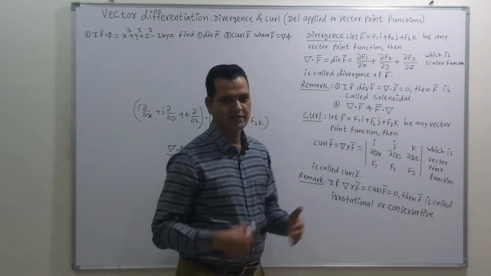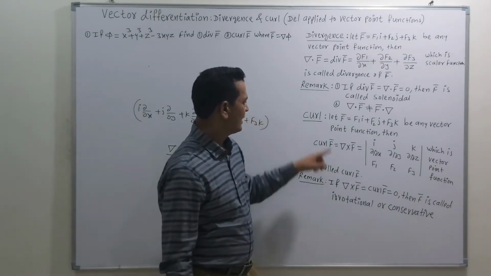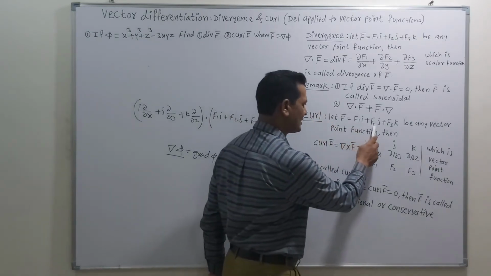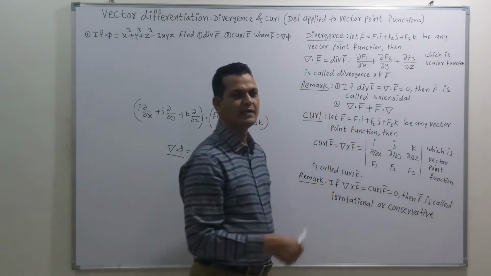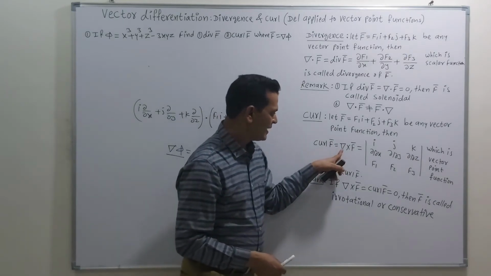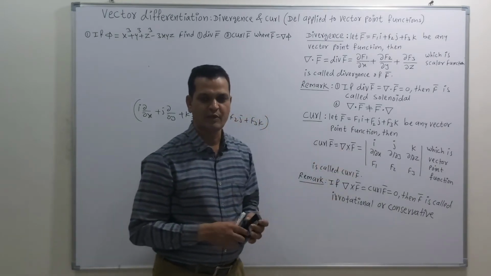Now the second definition is the curl of a vector point function. Let f bar equal f1 i plus f2 j plus f3 k be any vector point function, then the curl is obtained by taking the cross product del cross f bar. We know the concept of cross product.